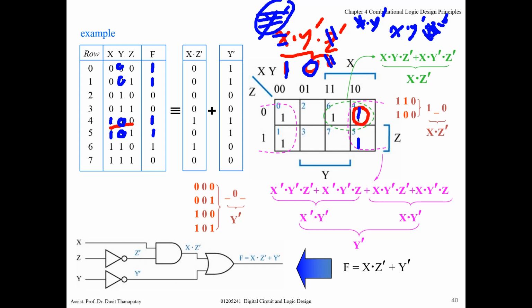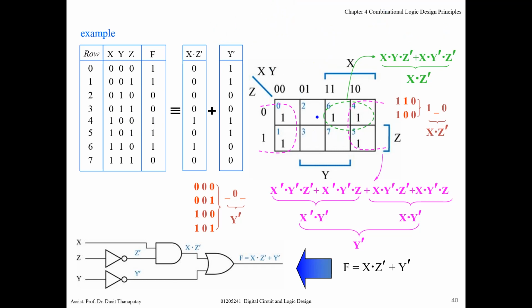No. If you remove this one, the new product term will cover logic 0 output, so it does not imply f. That means y prime is a prime implicant because you cannot remove more variables. This is the meaning.